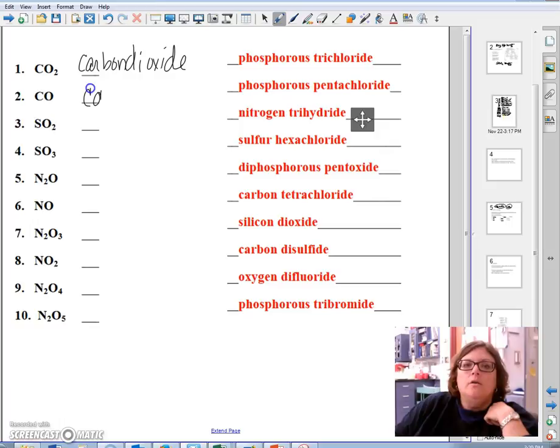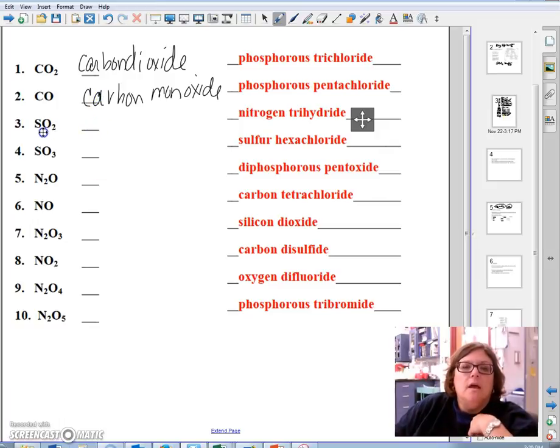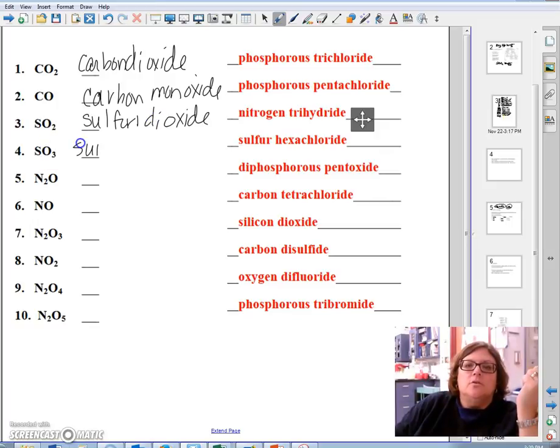CO, we just have 1 oxygen, carbon monoxide. Either one is deadly if you breathe too much of it. SO2, once again, the sulfur, there's only 1, sulfur dioxide. This guy is going to be sulfur trioxide.